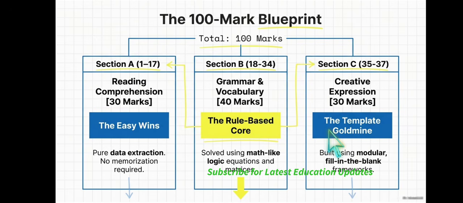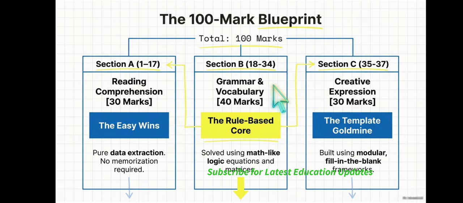Section A contains questions 1 to 17, comprising reading comprehension questions, the easy wins. So dear students, if you have a little understanding of the entire prose, poetry and supplementary reader, then easily with the help of keyword techniques and scanning and skimming techniques, you can do well in this area.